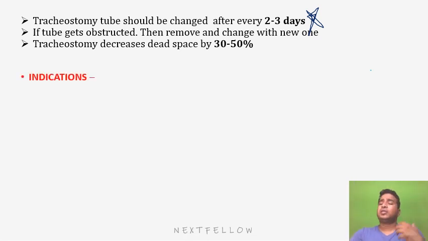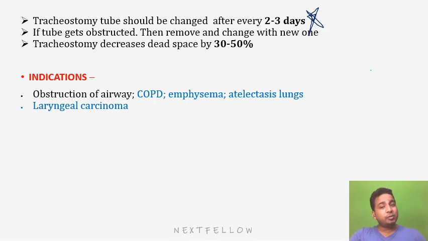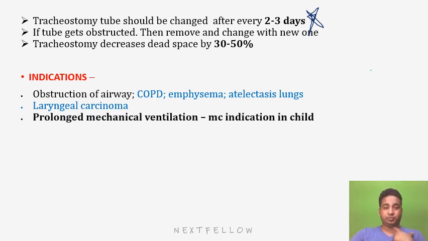What are the indications? The most common indications, as we see in routine OPD life, are patients with emphysema, COPD, or chronic lung disease like pneumoconiosis, sarcoidosis, or any other disease. If atelectasis of the lungs is there, then also the tracheostomy is very important. Laryngeal carcinoma, again we have discussed, we prefer the high tracheostomy.